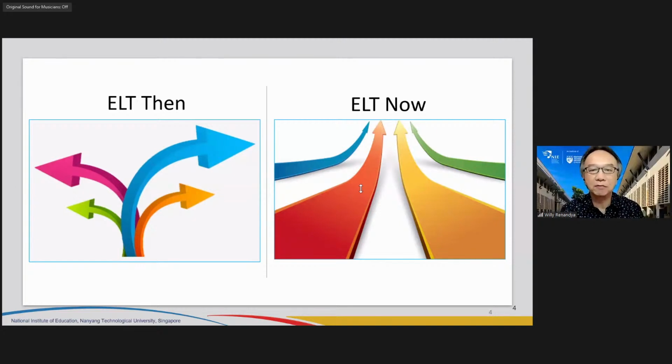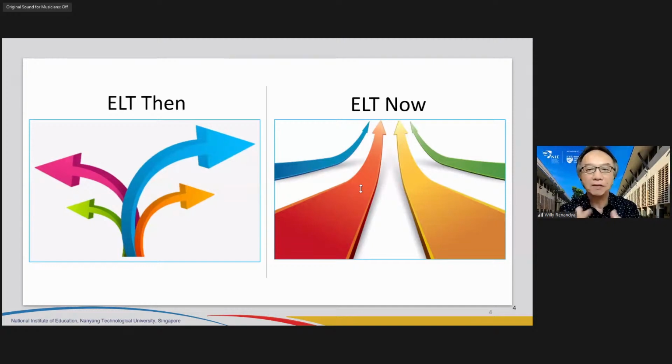Importance in the sense that if you want to help your students to become good speakers, good writers, good listeners, and good readers, then there are things that you have to do.